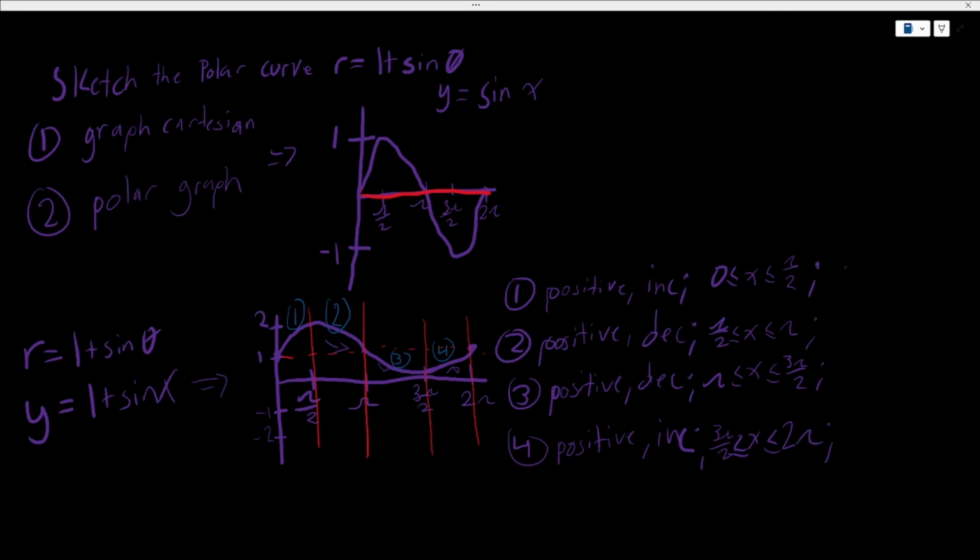And then for our y values for all of our sections, we go from 1 to 2. For our second, we go 2 to 1. And then for our third section, we go from 1 to 0. And then back from 0 to 1 in our full complete cycle.